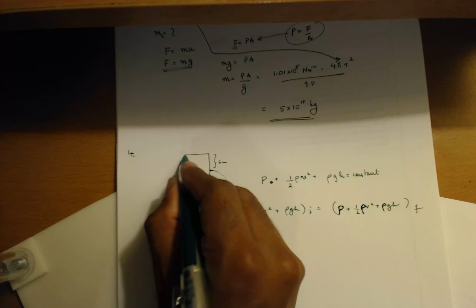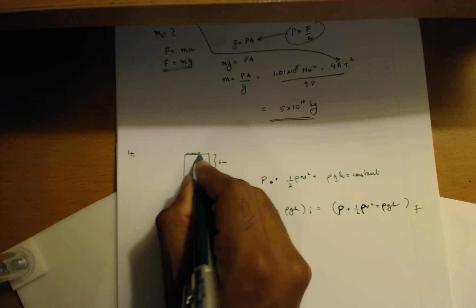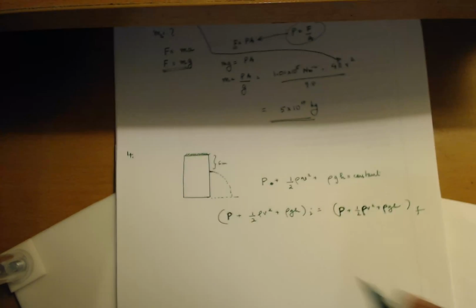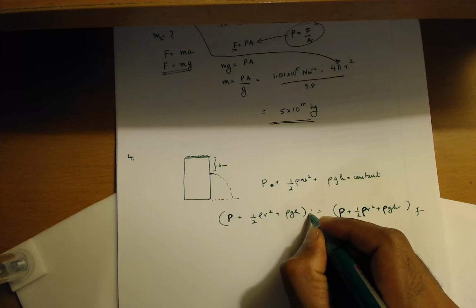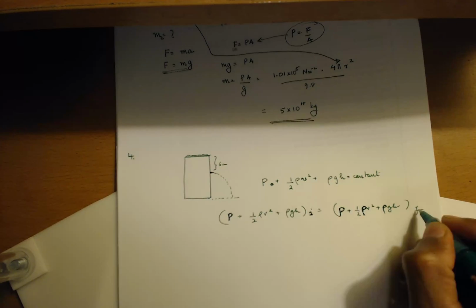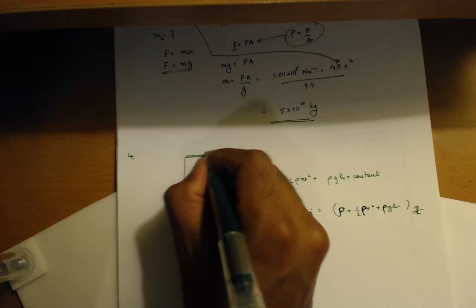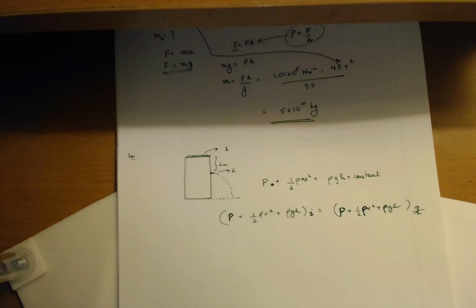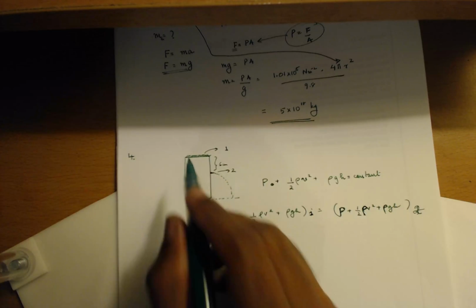So what's our initial and final? Initial would be the water on top, or more than initial and final, 1 and 2 would be more appropriate, right? So 1 would be at the surface and 2 would be right when the water's jetting out. So what's the pressure?